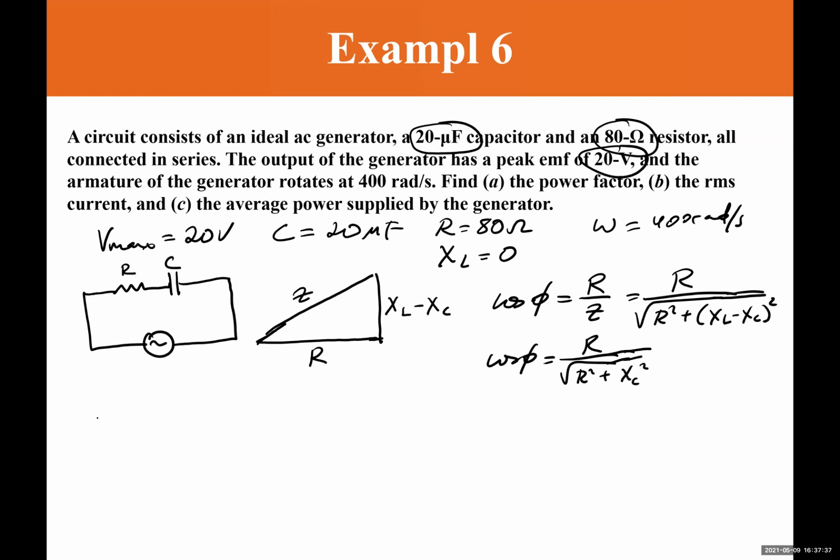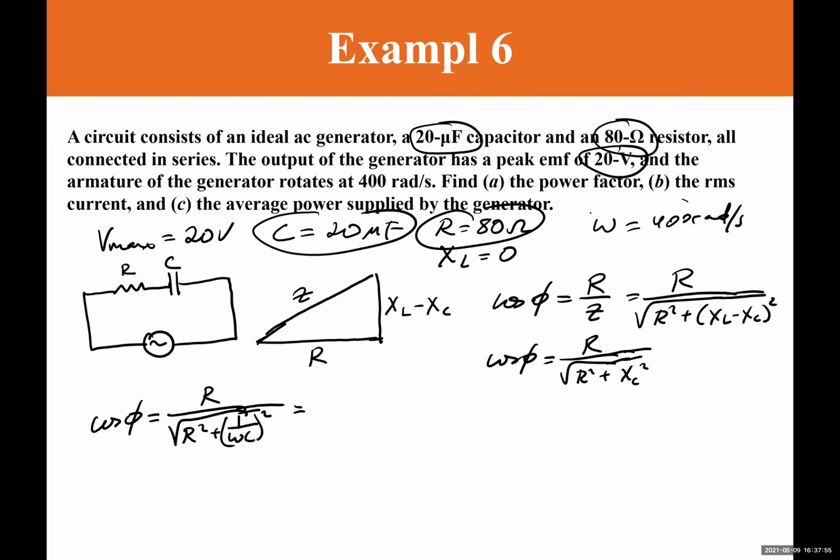Okay. That means cosine of phi is equal to R divided by the square root of R squared plus, well, this is the capacitive reactance, which is 1 over omega C, squared. Then we have the resistance value, capacitance value, and the frequency. We can just plug in and calculate it.